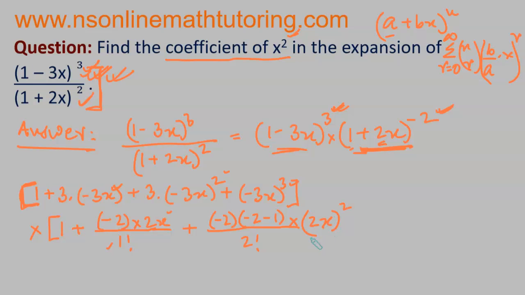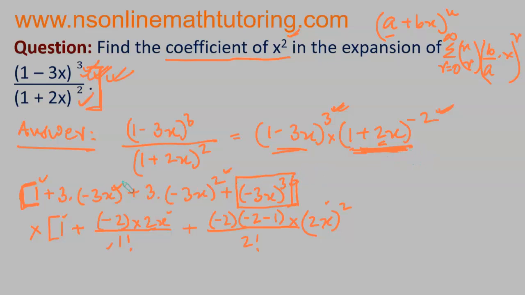Okay, so this is a term containing x square. If we multiply this x square with this constant term, we will be getting a term containing x square. And if this is a constant term, this should get multiplied with this x square. So we do not need this, and we very well knew that we will not be needing this x cube, because this will not be giving us any term which will be having x in the denominator.